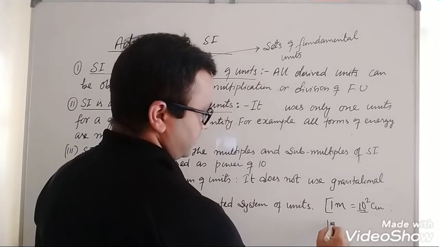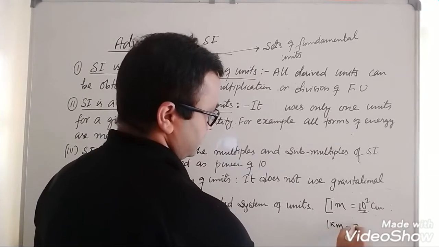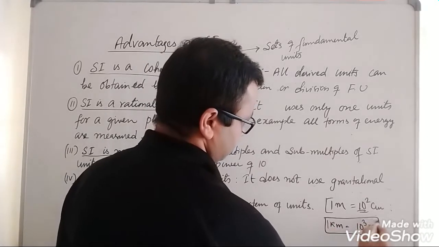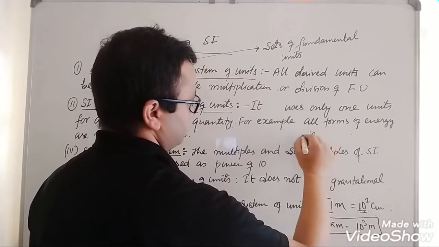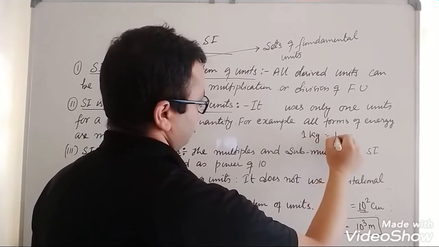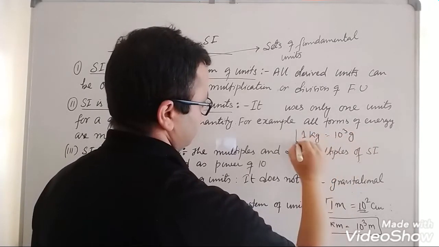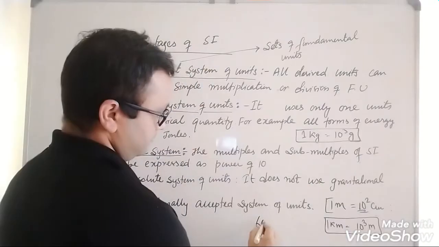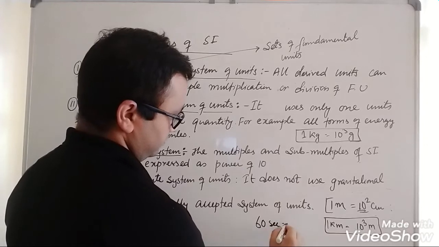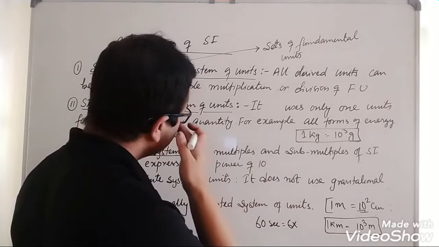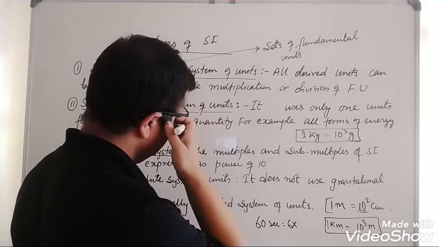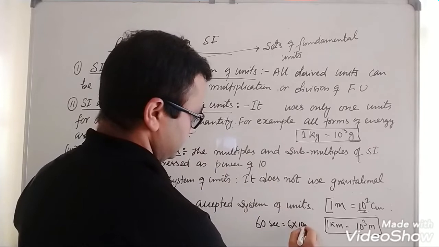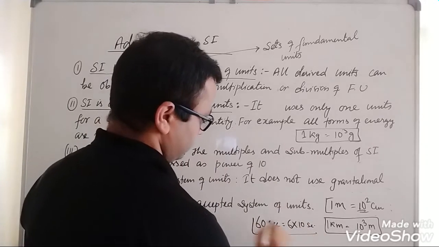So 1 kilometer converted into meter is 10 to the power 3 meter. That is 1000 meter. 1 kg equals 10 to the power 3 gram. 60 seconds is 6 into 10 to the power 1 second.